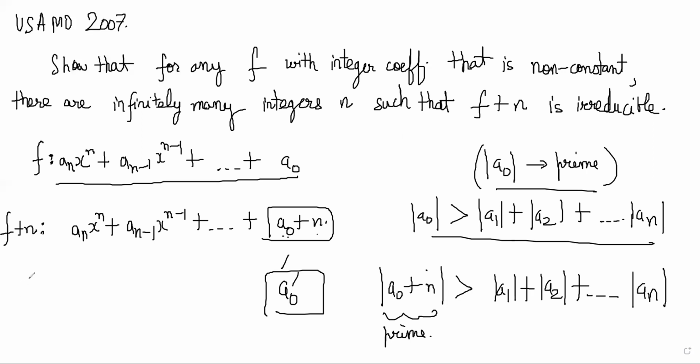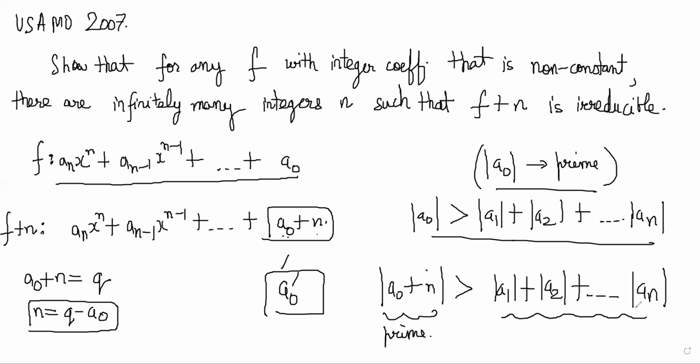So you can pick some prime q. A naught plus n is equal to q, where q is a prime number. N should be q minus a naught, right? And q is large enough that it is bigger than the sum of all of this. So there will be a possibility to find a q which will be large enough, bigger than the sums of all of this. Basically find the sum of all of this, find the next prime number, and choose n to be q minus a naught.